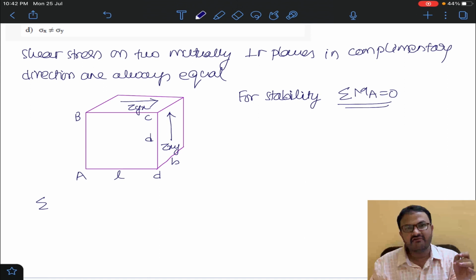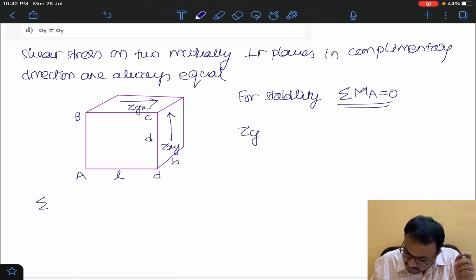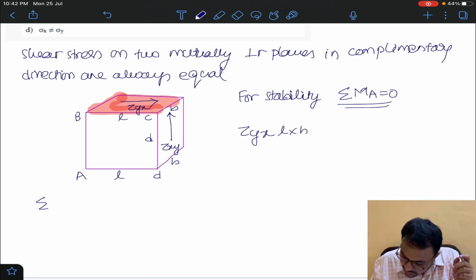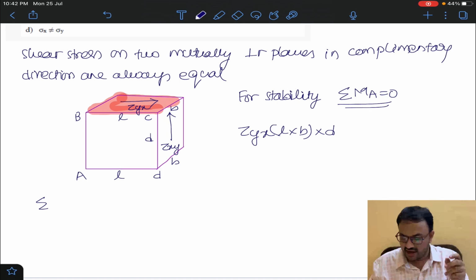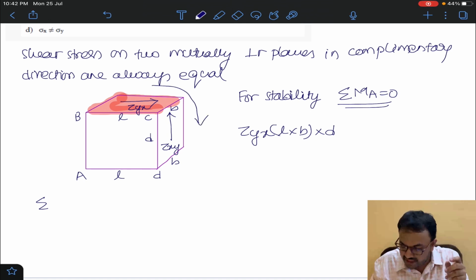Moment about point A, what is a moment? Moment is equal to force into perpendicular distance. What is force? Stress into area. The stress I am taking is tau yx, acting on this top plane. The area of this plane is L into B. Stress into area becomes force, and the perpendicular distance is D, and it will produce a clockwise moment.